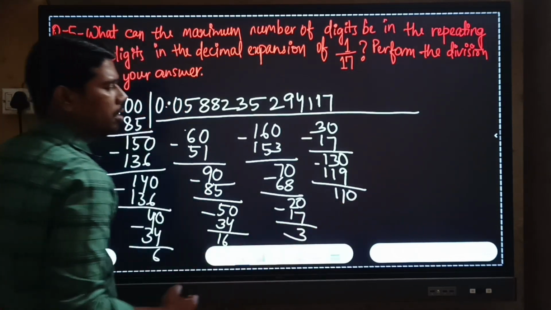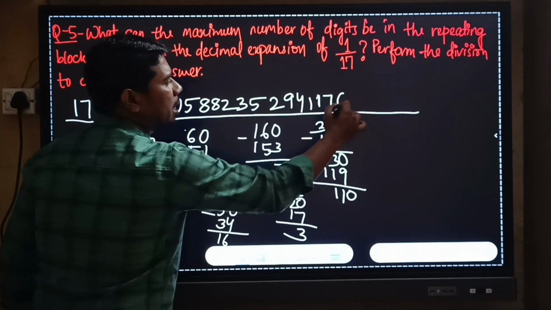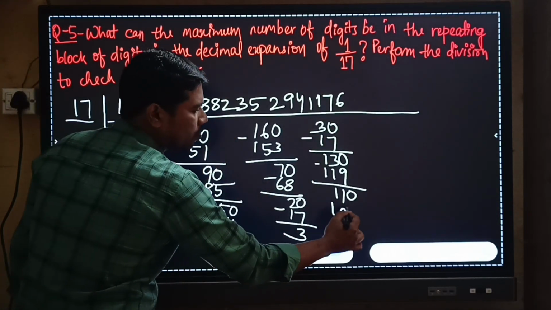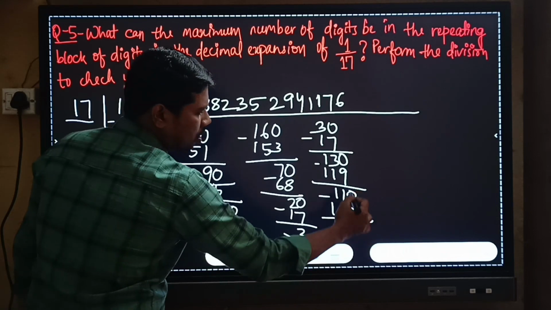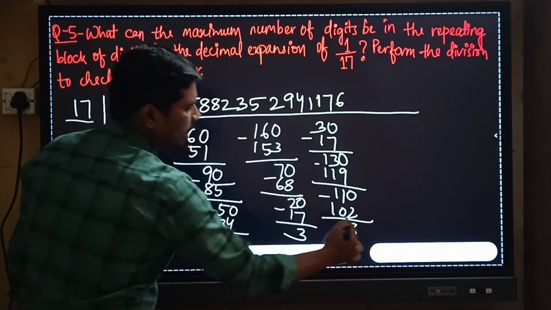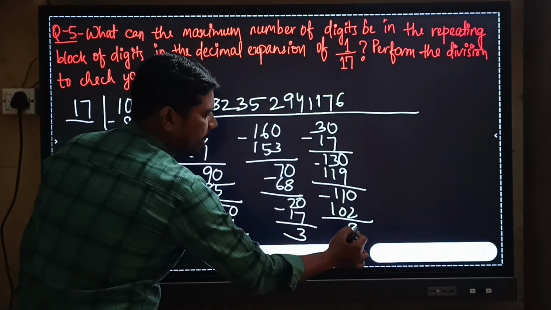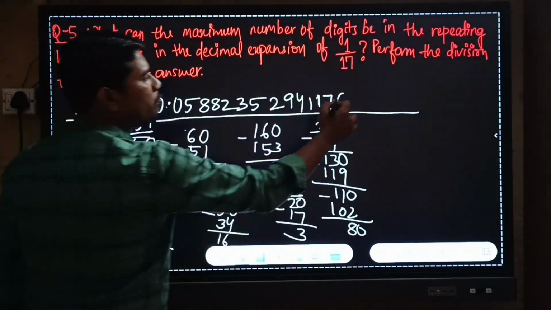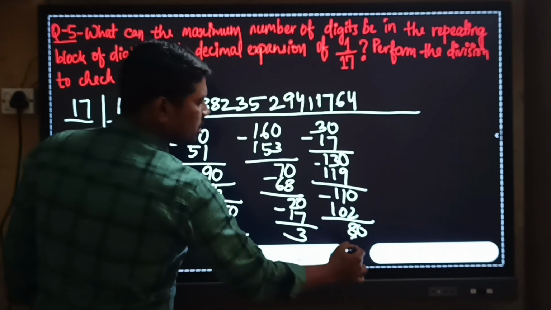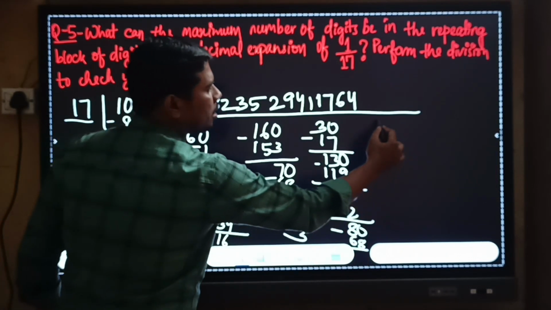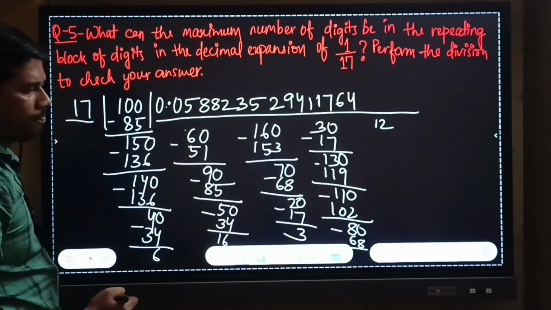Now 110, 17 6s, that is 102. Then again 110 minus 102, 8 will come. So the point is there, it will become 80. 17 4s are 68. If it is subtracting 80 minus 68, the result is 12.